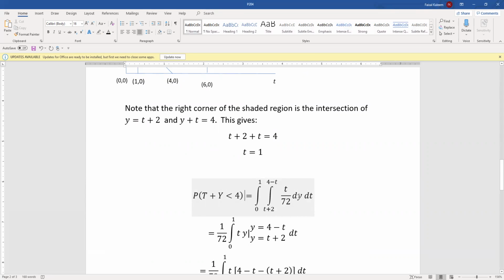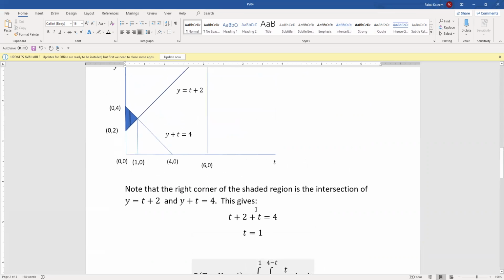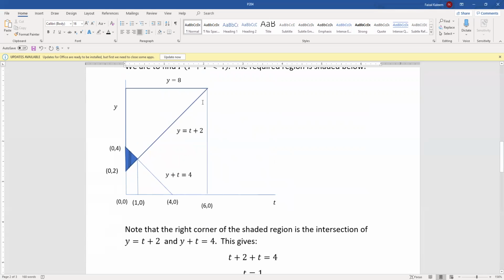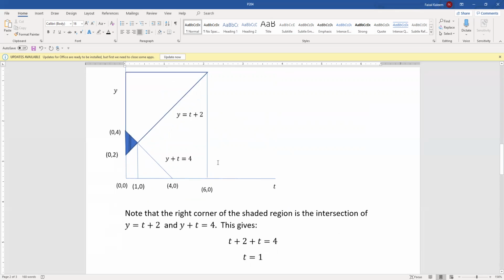As we said, y is between t plus 2 and 4 minus t, and you are double integrating the joint PDF, which we found to be t over 72. And t will be from 0 up to this point. This point can be figured out by looking at the intersection of the line y equals t plus 2 and the line y plus t equals 4.